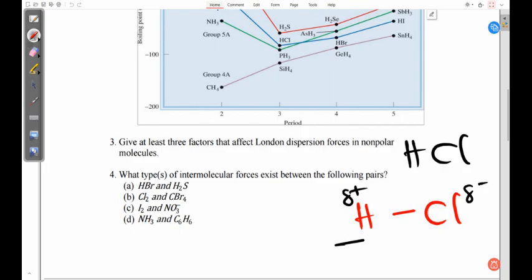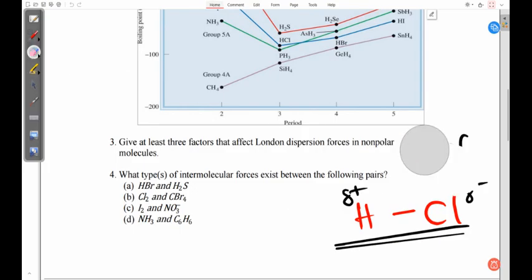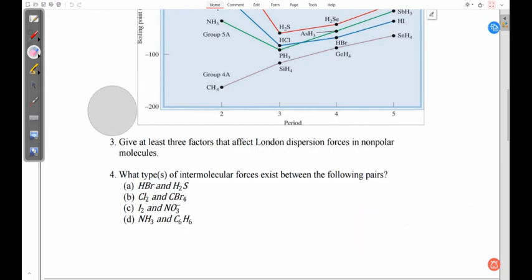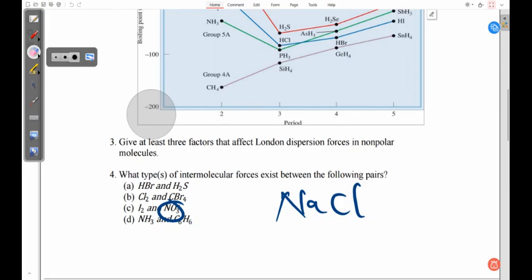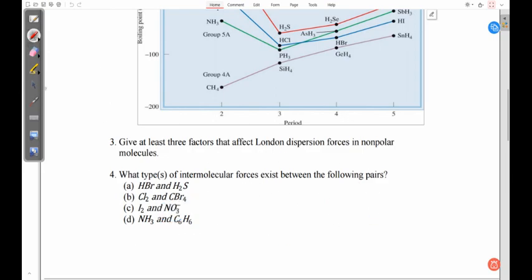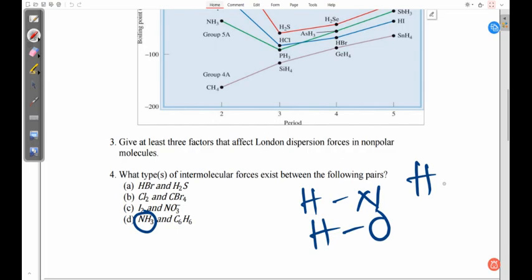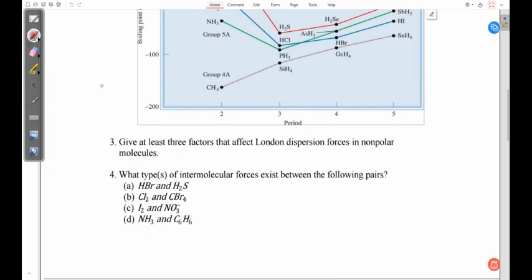Such compounds form dipole to dipole interactions. Then ionic compounds like sodium chloride, which are charged, tend to form ion to ion interactions. Then when you see hydrogen with nitrogen, oxygen or fluorine, these form hydrogen bonding in addition to the dipole to dipole interactions.